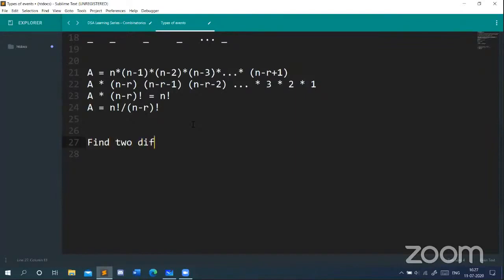Find two different ways to count the same thing. And we're going to use this principle time and again to solve even the most difficult problems in combinatorics. And these ideas will be very useful when we're trying to prove things.